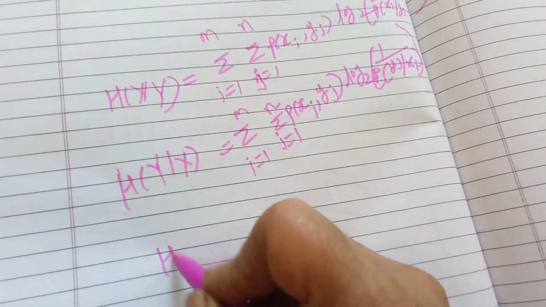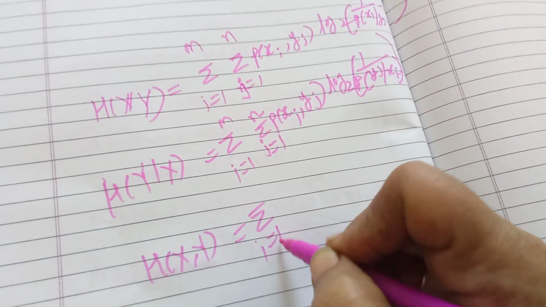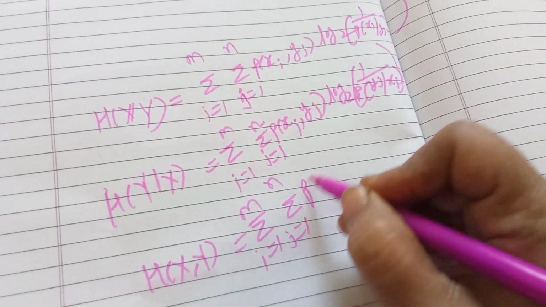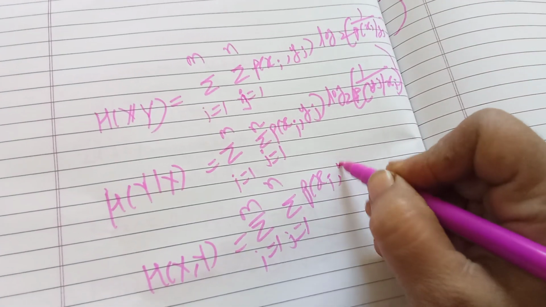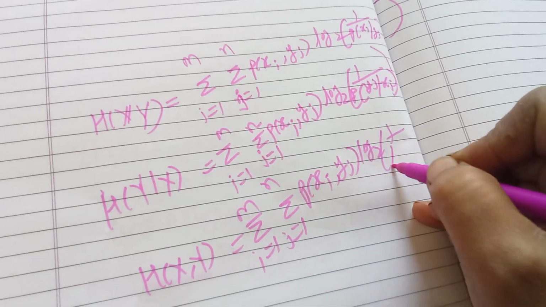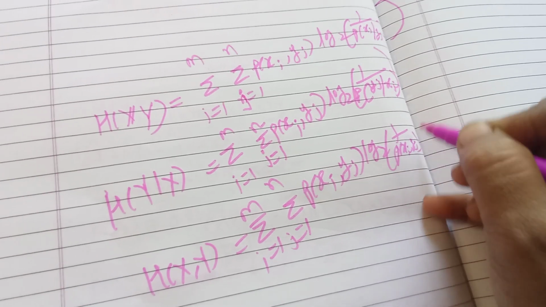But the formula for H(X,Y) is summation i equal to 1 to m, summation j equal to 1 to n, P(xi, yj) log 2 of 1 by P(xi, yj).